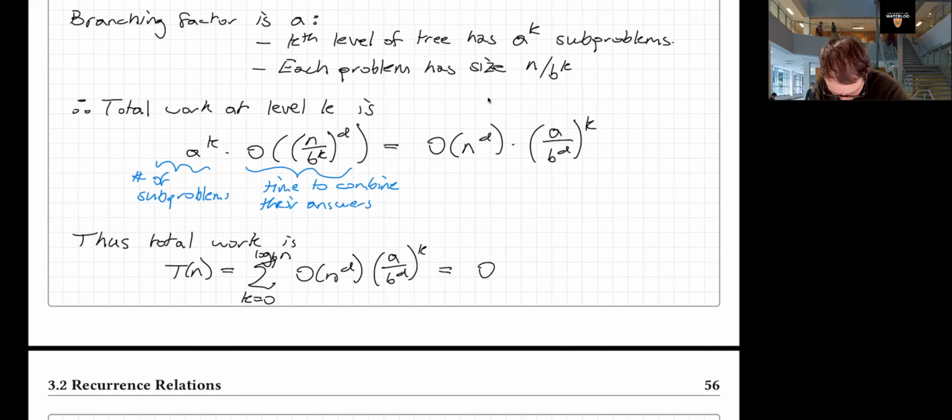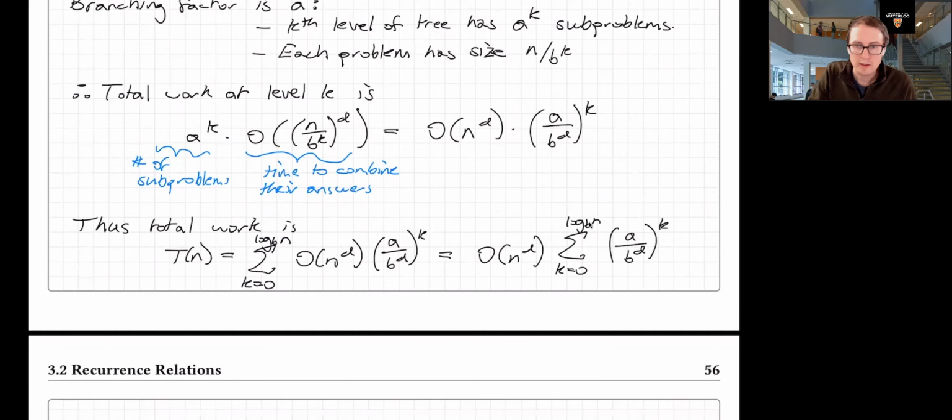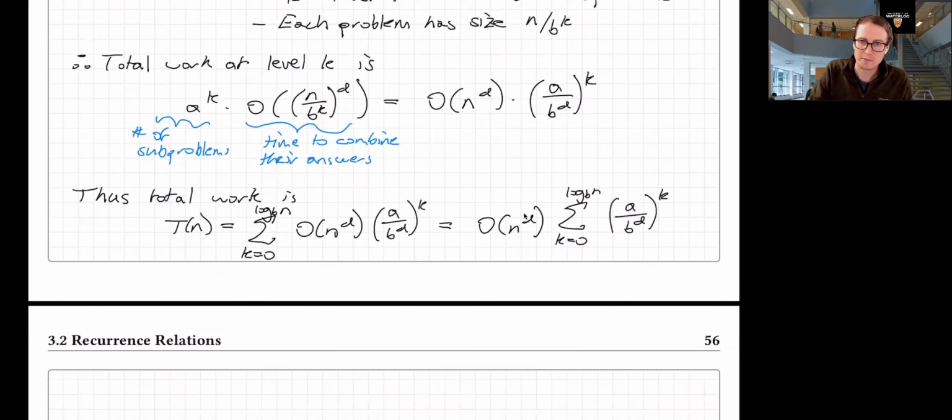I can factor out the big O n to the d part, and then I'm left with this sum. This big O n to the d is just something out in front, and what we have to figure out now is what this sum is.